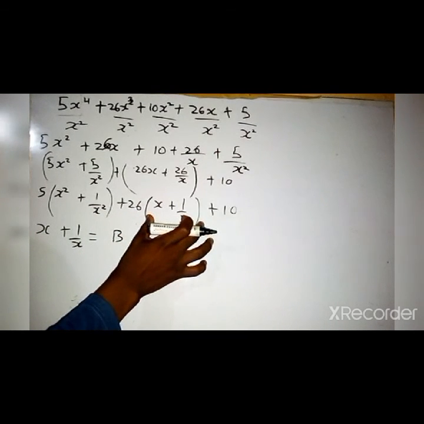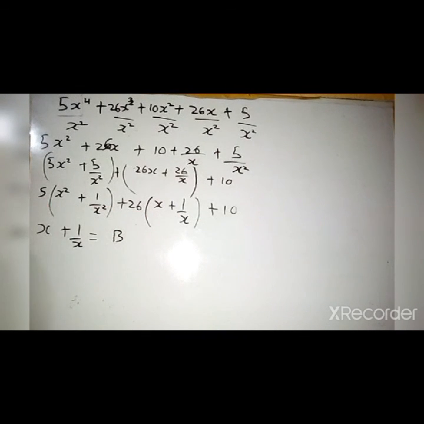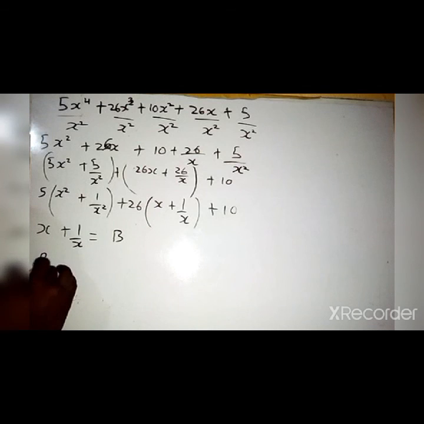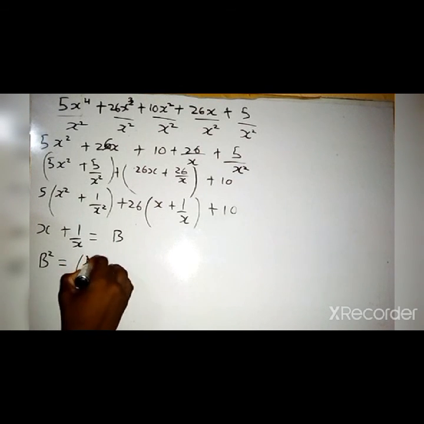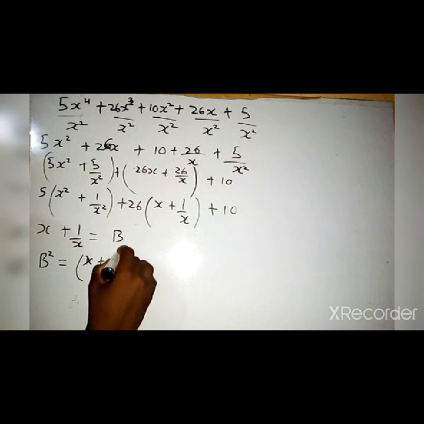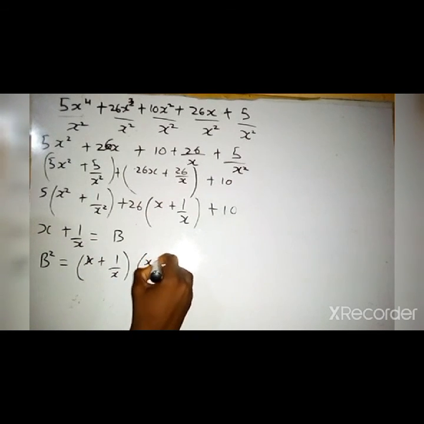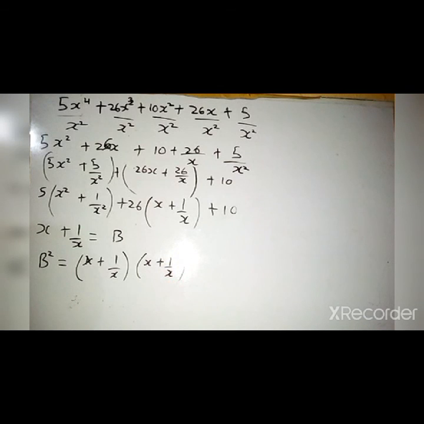Since this one is b now, we want to get the value of this. Now let's square b. b squared will now be equal to x plus 1 over x, all squared. So b squared will be x times x, we have x^2, x times 1 over x, that's 1, plus 1, plus 1 over x^2.